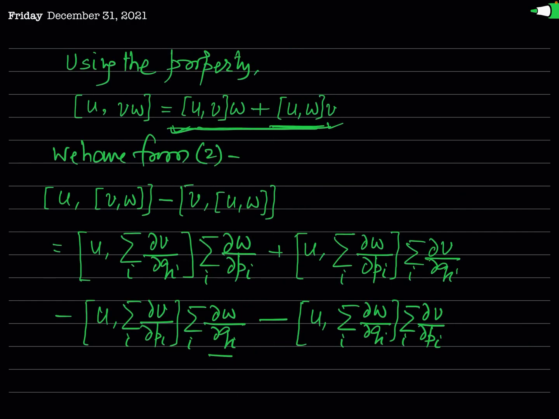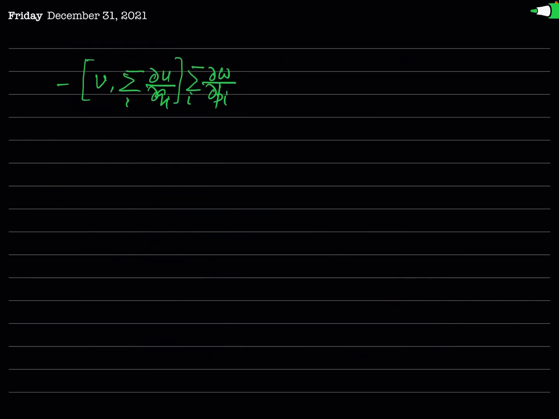Now in the second term the factors will be interchanged and this will be minus Poisson bracket of V and summation over i del W by del Pi times summation over i del U by del Qi.